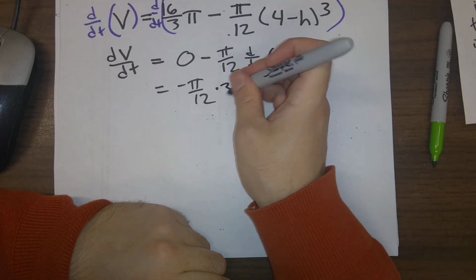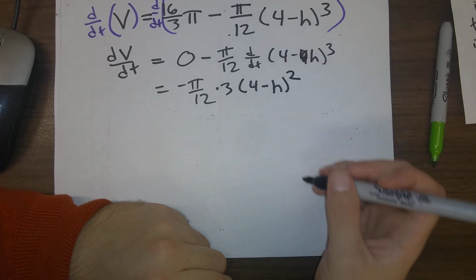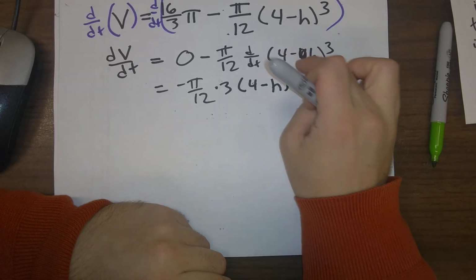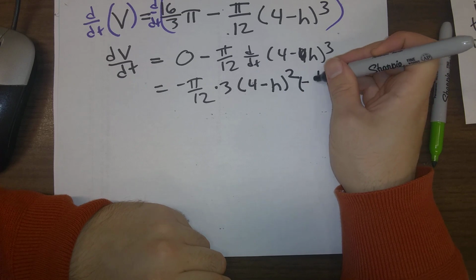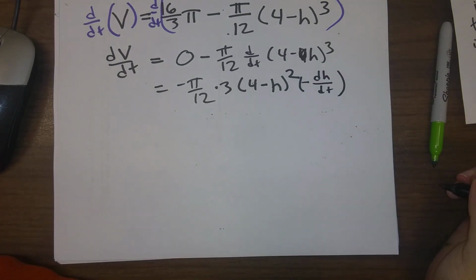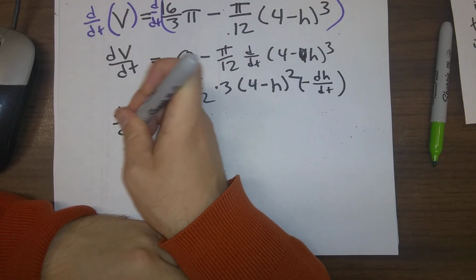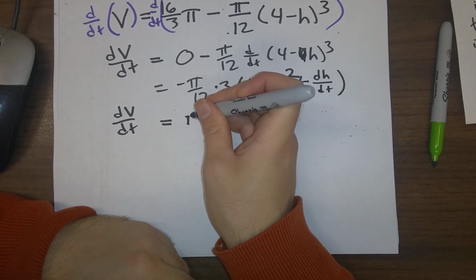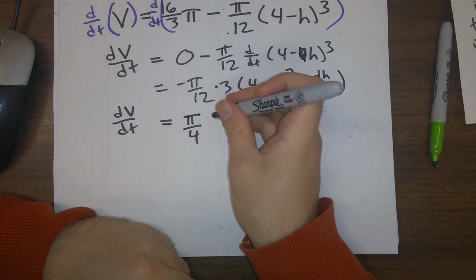So that 3 comes down, 4 minus h squared, and then we have to multiply by the derivative of what's inside. So there's a minus 1, but then also we have to take the derivative of h with respect to t, again, by the chain rule. So what do we end up with here? dV/dt is 3 over 12, that simplifies down to 1 over 4. There's a minus sign that comes out.